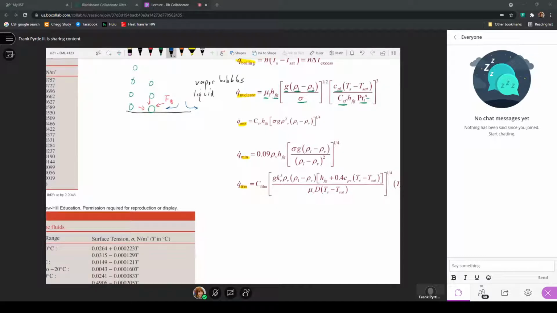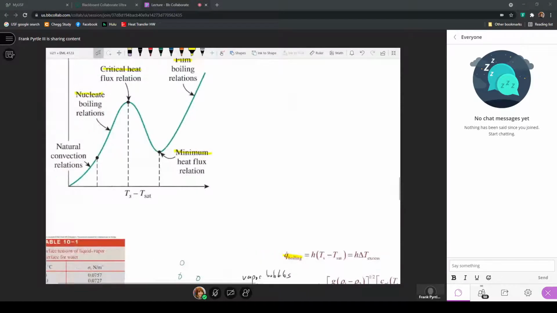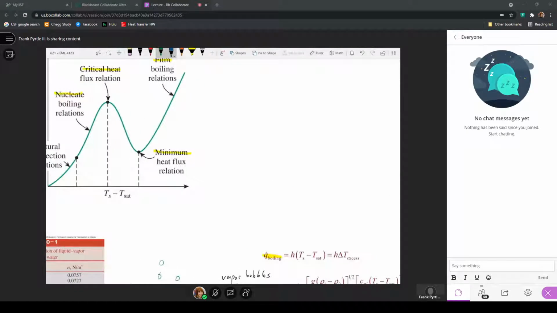Now here, for that maximum heat flux, this is at the end point of the nucleate pool boiling range. So here, just going back, all of this section here is nucleate pool boiling. At the very top of this nucleate pool boiling range is the critical heat flux.